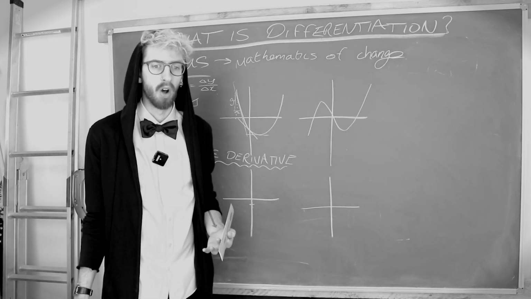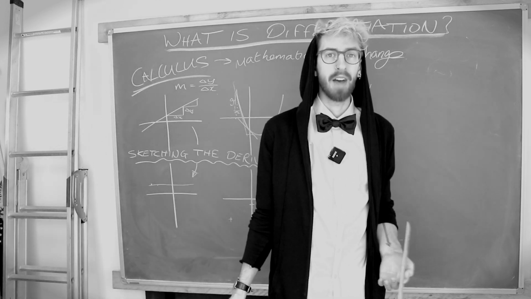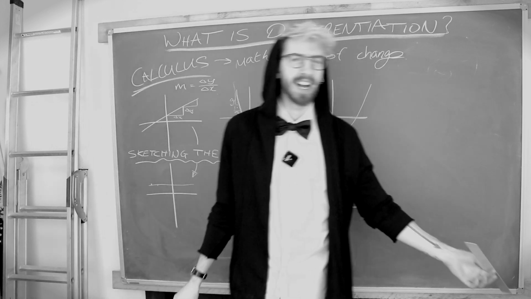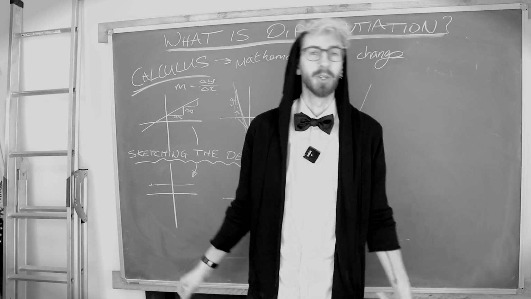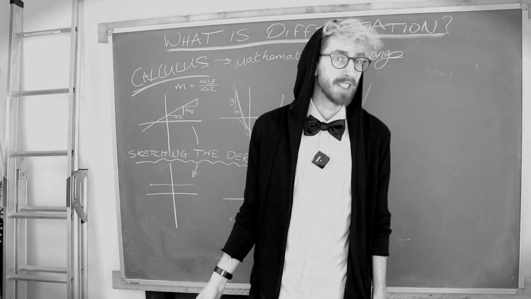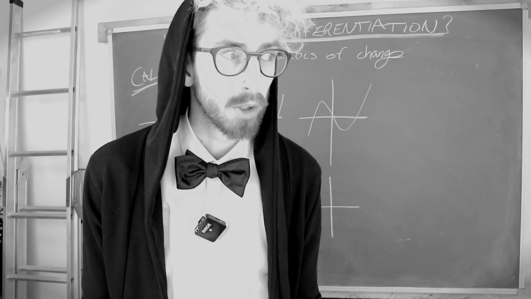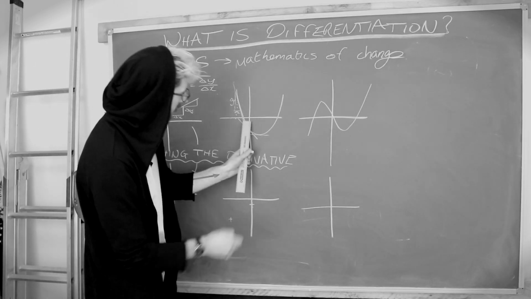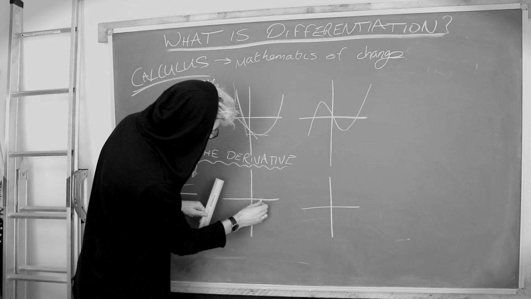If you took one step in the x direction, you don't change in y. So it's 0 over something, and that's just 0. So the gradient at the vertex of a quadratic is 0. So at this value of x, the gradient is 0.